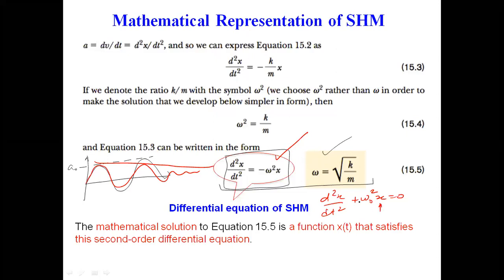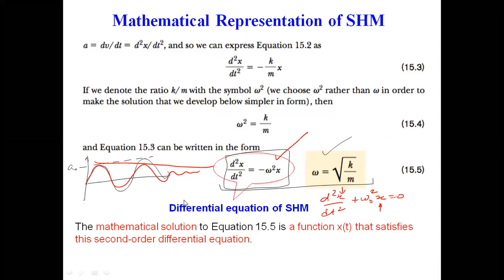So x is there and the second derivative of x is also there. So which function reproduces its value on taking the derivative twice? Exponential function. No, exponential is also there. Also sine and cosine functions are there.